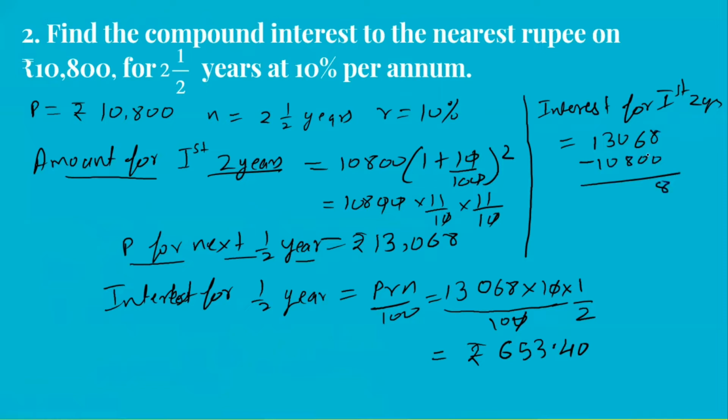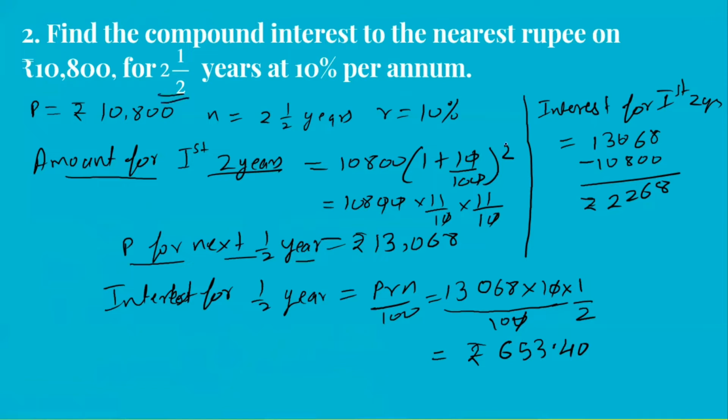Let us subtract: 10 minus 8 to carry 1. We get rupees 2,268, right?